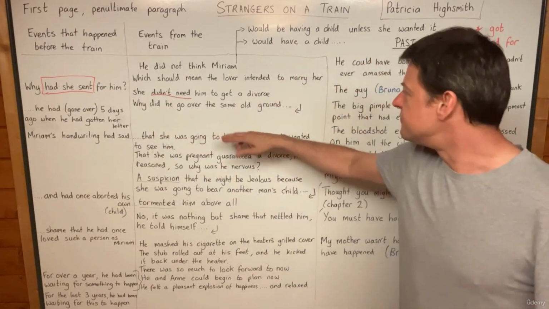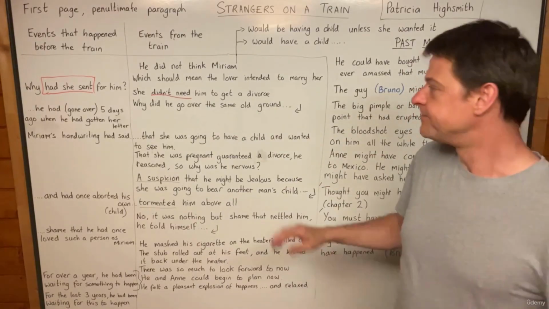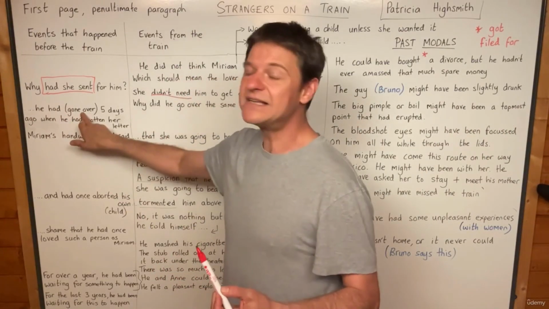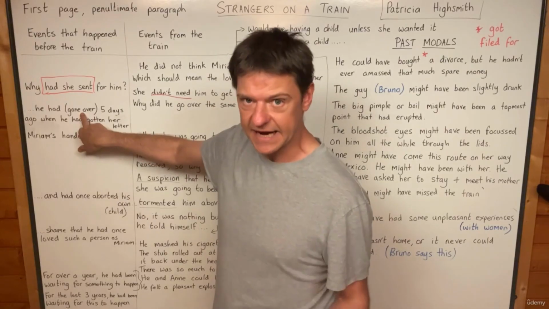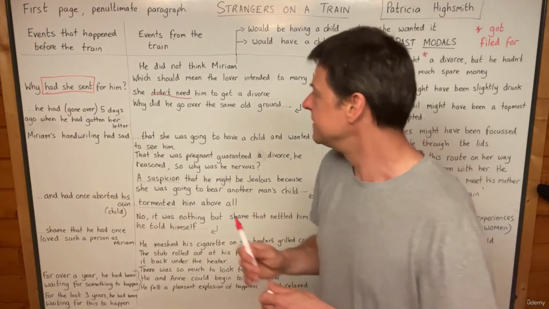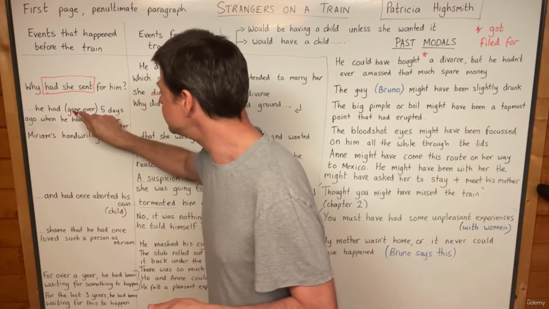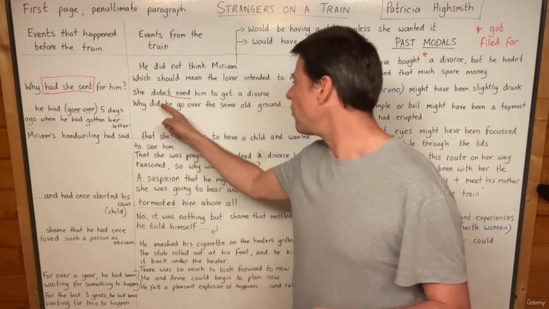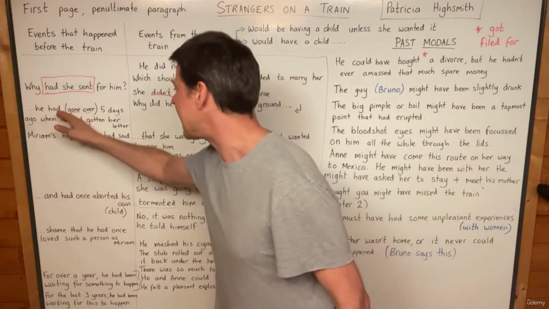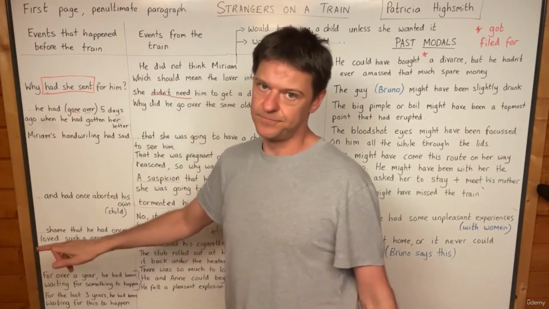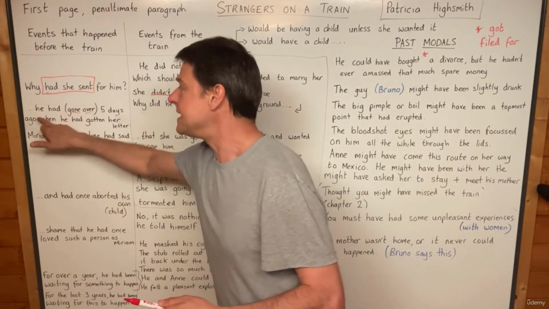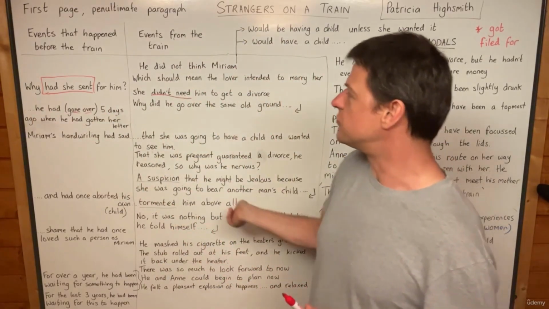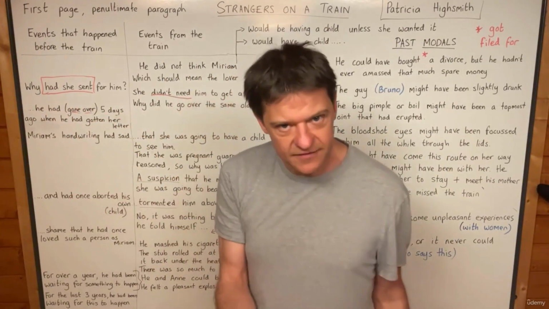"Why did he go over the same old ground he had?" Now, it doesn't put "gone over" in the text, but this is ellipsis. Patricia doesn't need to say "gone over," because it's clear when you say, "why did he go over the same old ground he had 5 days ago?" And so it means, why did he go over the same old ground he had gone over 5 days ago?